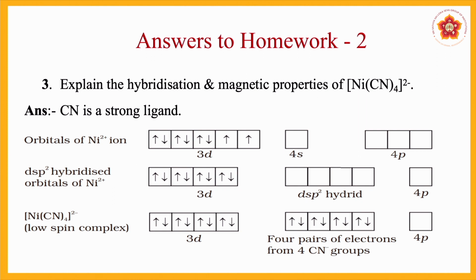And because it is a strong ligand, it forced the electrons to pair, and the leftover orbitals were taken for hybridization, which is dsp2 hybridization. So, for magnetic properties, this is going to be diamagnetic because nowhere are you able to see the presence of unpaired electrons. Only the presence of unpaired electrons can give you certain magnetic properties.